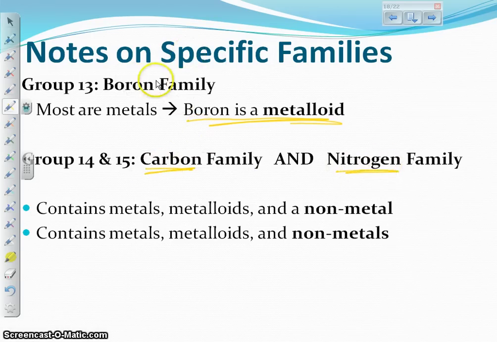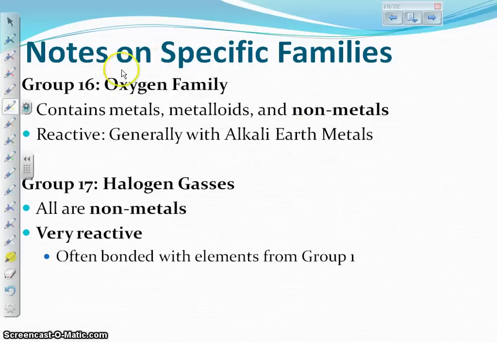So these 3 are really the big ones where the name of the top element is the name of the family itself. And again, the carbon family and nitrogen family really don't have anything too special about them at our level, with the exception that all 3 of them happen to have a metal, a metalloid, and a non-metal involved in those families. Moving over to the oxygen family, our last self-titled family.